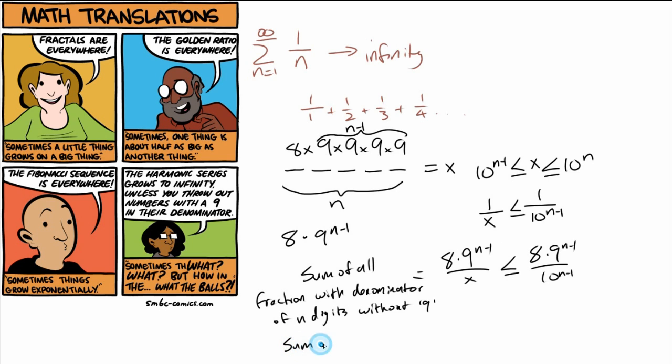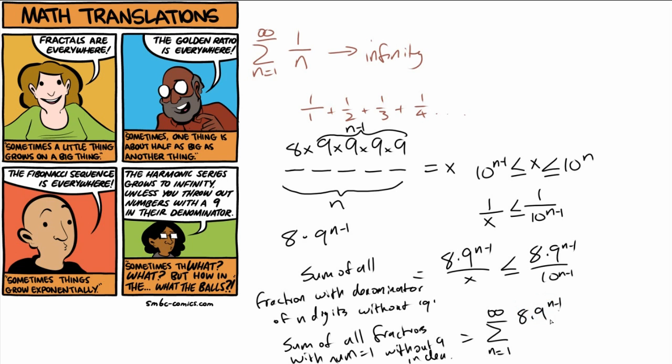So the sum of all fractions with numerator 1 without 9 in the denominator is going to be equal to the sum from n equals 1 to infinity, because it starts at 1-digit numbers and goes to infinity, of 8 times 9^(n-1) over x, which is less than or equal to the sum from n equals 1 to infinity of 8 times (9/10)^(n-1). We just simplified it, actually. We just took out the (9/10)^(n-1), so it's the same.